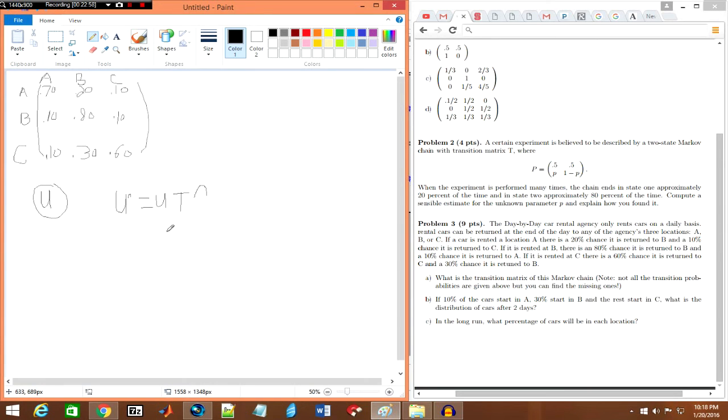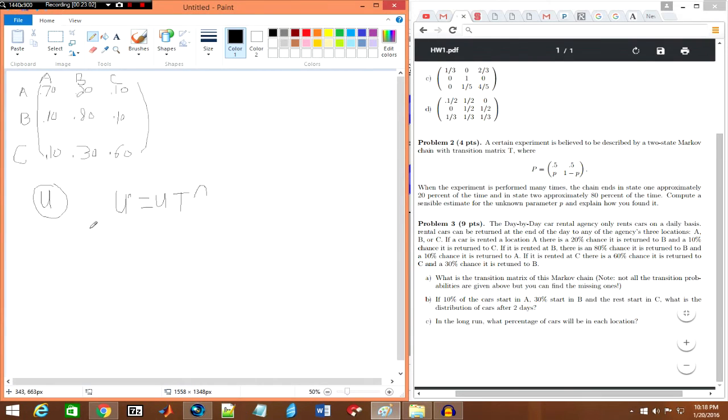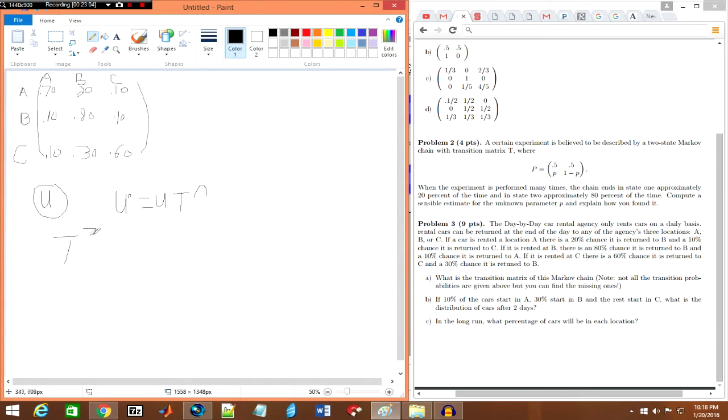So I already took the liberty of calculating this for 2 days, T squared, and you can do this on your own. I'm going to go ahead and move that text to a different location.